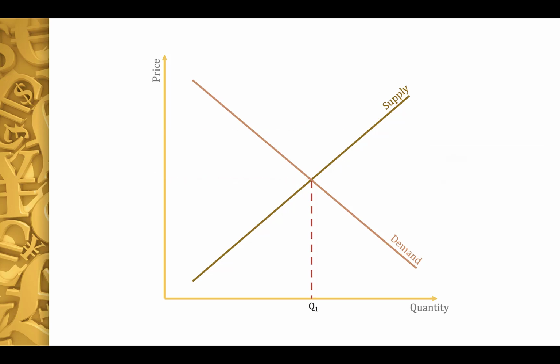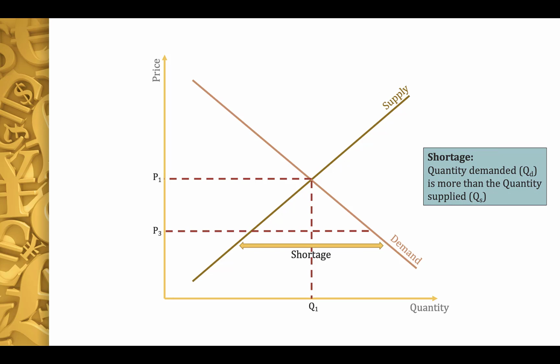Alternatively, consider a situation in which the amount of a good supplied is well below the quantity demanded. Let's say that the price of the good is currently at this point, P3, a price well below the market equilibrium point denoted as P1 here. The difference between the quantity supplied and the quantity demanded at the current price level reflects a shortage in economic terms.